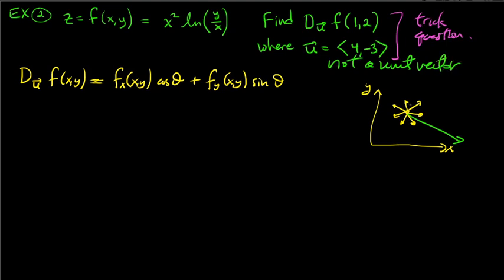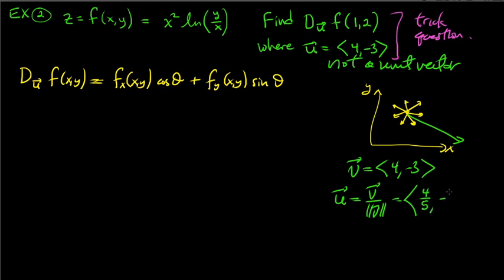Its magnitude is not 1. So I shouldn't have called it u. I should have called it v. And we can easily change it to a unit vector by just dividing by its magnitude, which in this case is just 5. So we're going to get the vector (4/5, -3/5).